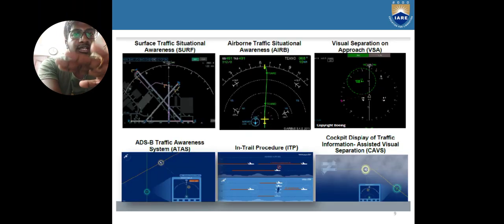These are the other services done through ADS-B: airport surface traffic situational awareness, airborne traffic situational awareness, visual separation on approach, ADS-B traffic awareness system, in-trail procedure, cockpit display of traffic information, and assisted visual separation.